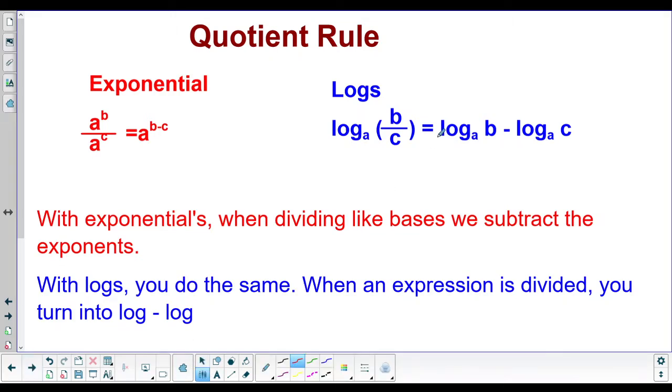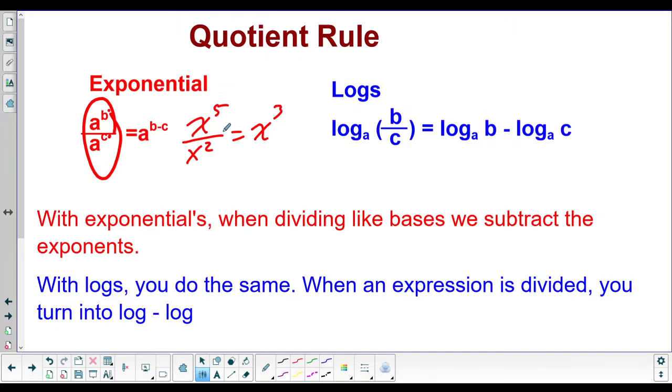All right, quotient rule. Here we have same base and 2 exponents. When we had something like x to the 5th over x squared, we could subtract b minus c, top minus bottom. 5 minus 2 is 3, so we could rewrite this as x to the 3rd.